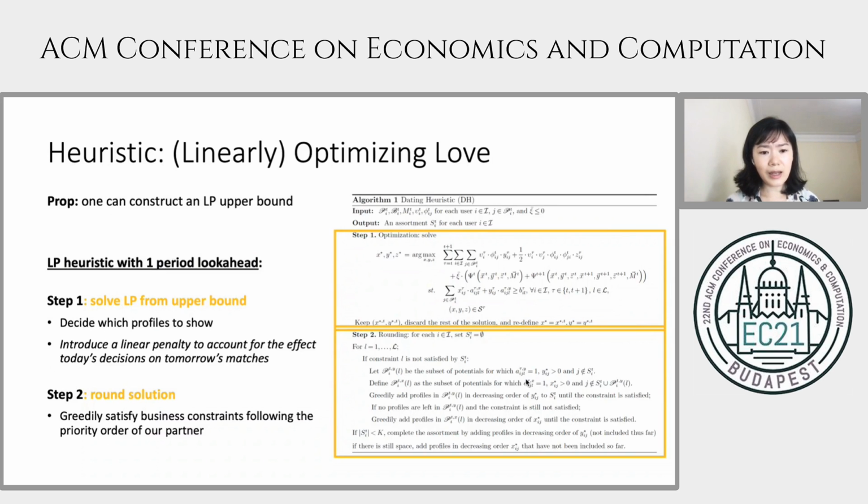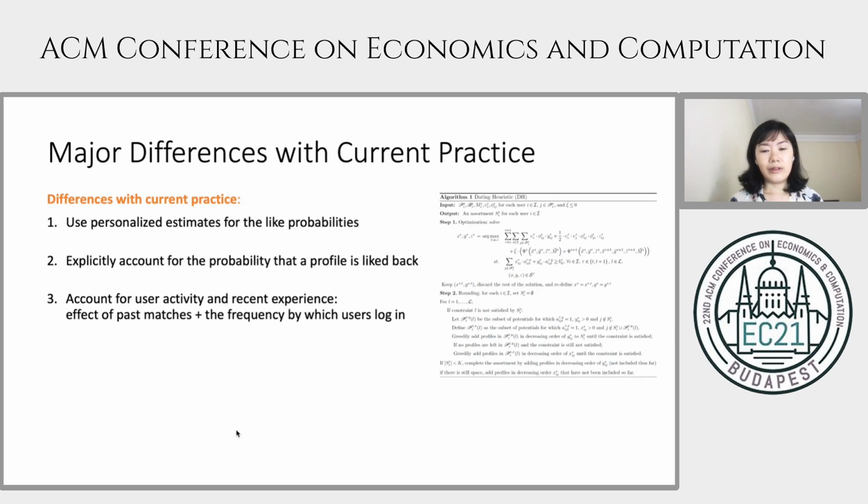Then in the second step, we round our solution to satisfy the business constraints, following the priority order of our partner. So how does the algorithm work that's different from the current practice or the default algorithm? Number one, we use personalized estimates for like probabilities.